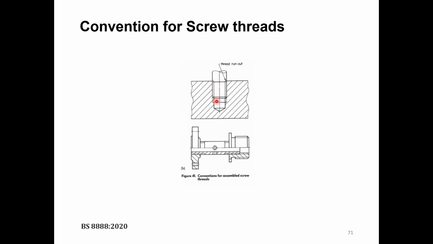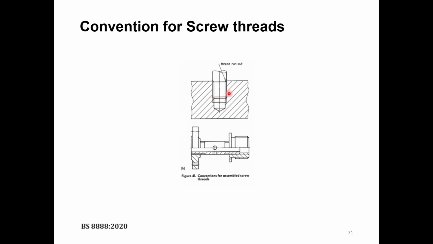But when we put these two together, the internal thread of the hole and the external thread of the bolt go together along the same line. When we show the hatching, you see the hatching ends at this solid line. So for the drill tap, we have a solid line.